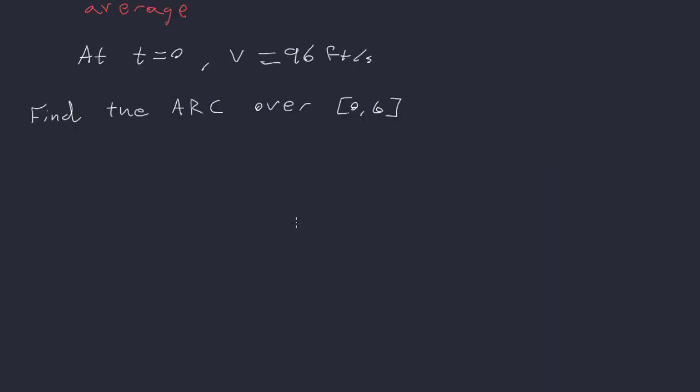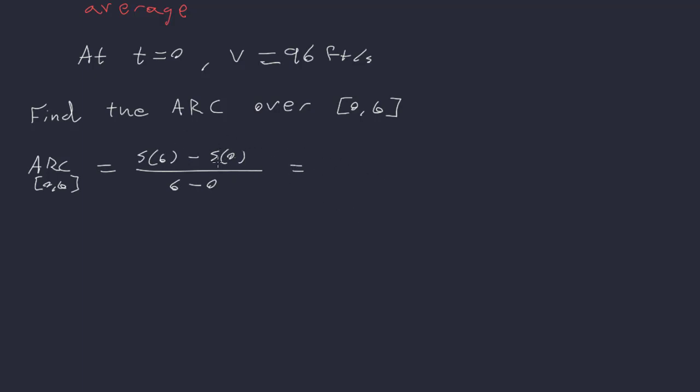All right, before we start looking at some instantaneous rates of change, let's find the average rate of change over 0 to 6 now. So the average rate of change over 0 to 6 will be s of 6 minus s of 0 all over 6 minus 0.